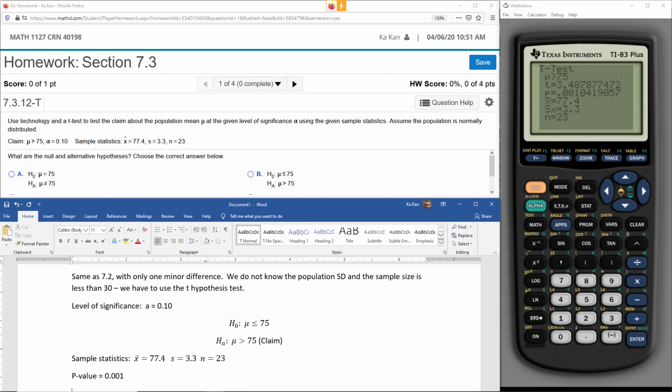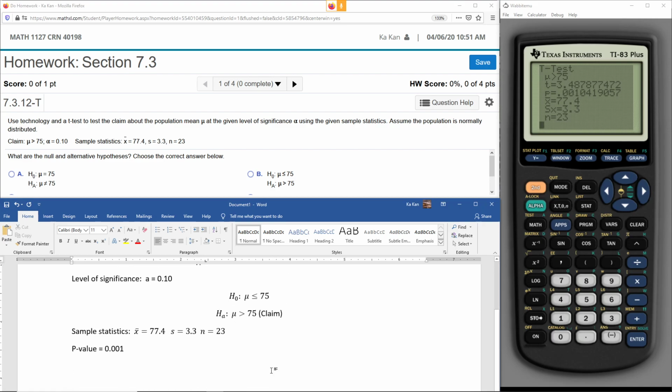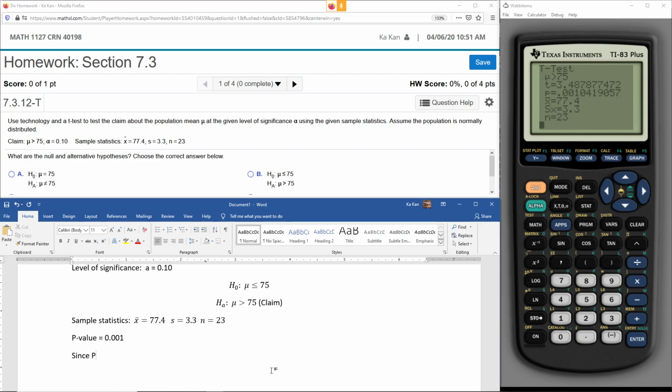So you can just say since P is less than alpha, then we reject the null hypothesis. Therefore, the evidence supports the claim.